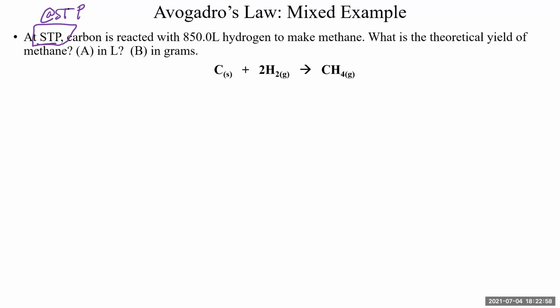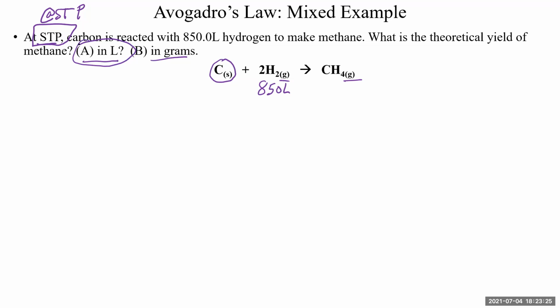At STP, carbon, now this is solid carbon, so we cannot do anything regarding carbon and the ideal gas law, but the rest of these are gases, and we can apply the ideal gas law to the gases. Carbon is reacted with 850 liters of hydrogen to make methane. What is the theoretical yield of methane, first in liters and then in grams?